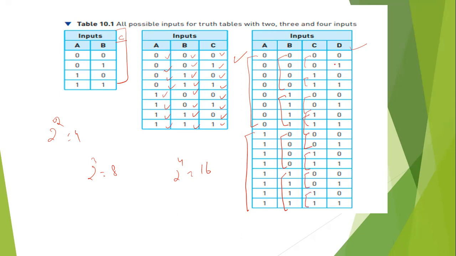This is the sequence of how to write the input columns. Then in the last column, 0 1 repeated eight times.